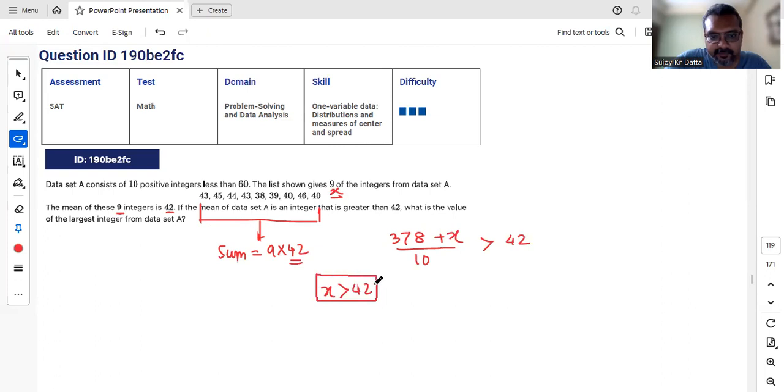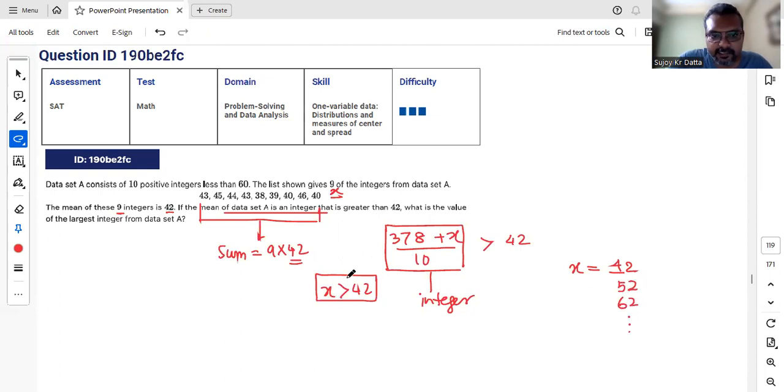Only then the average is going to go up. But then the other thing is you have to ensure that this is an integer. They have mentioned that the mean of the dataset A is an integer. Now, once you're dividing by 10, on top you must have a multiple of 10. Now, since it's 378 here, so the x must be something that ends in 2 in the units place. So like a 42, 52, 62, etc.